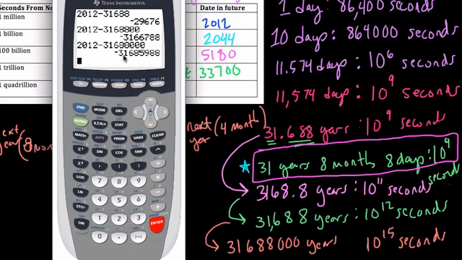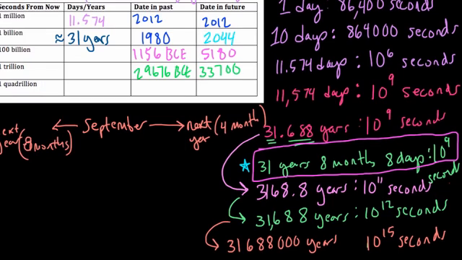So here we're at the year 31,685,988 BCE. And going into the future, of course, 2012 plus 31,688,000, that brings us to the year 31,690,012. The time jump there is just hard to even comprehend for the quadrillion seconds, the last stage.